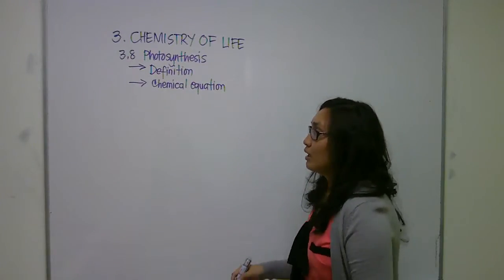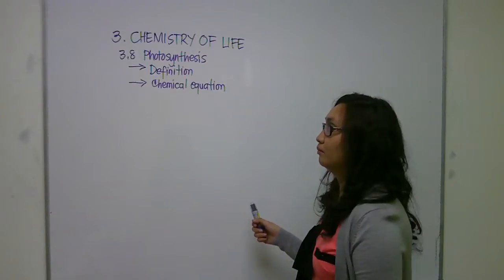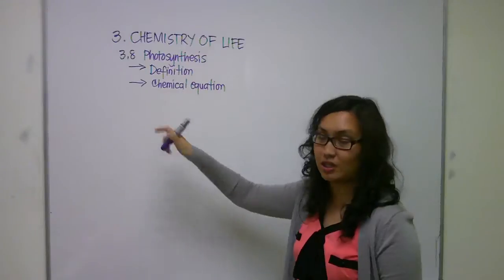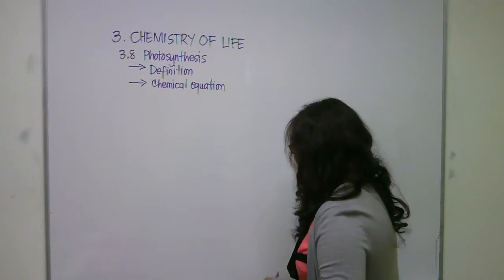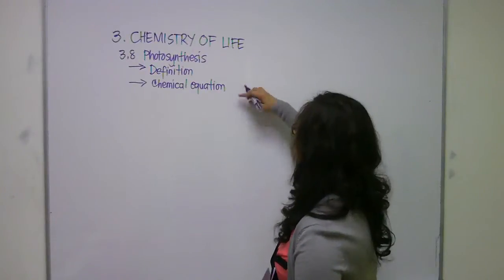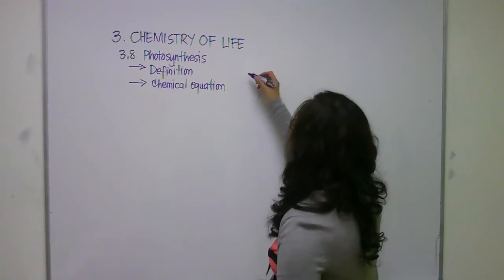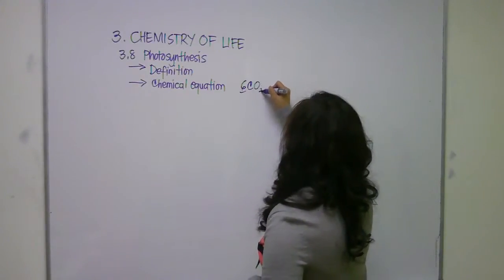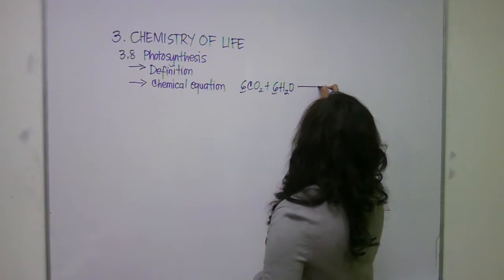Okay, so it is more helpful to define what the process is if we include the chemical reaction. So chemical equation. The chemical equation for this is actually complementary to what is present in cell respiration. So this time we use carbon dioxide and water as raw materials.